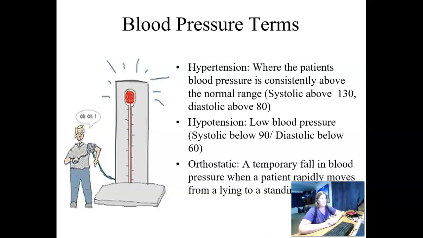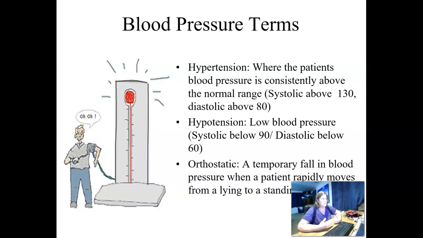Hypotension. Hypo is low, tension is the pressure, so low blood pressure. A systolic below 90, so 90 is normal, so below 90, diastolic below 60. And you guys, even if just one of those values is off, so a systolic above 130 but let's say your diastolic is still normal, so let's say the person's blood pressure is 134 over 78, that is still considered high blood pressure.